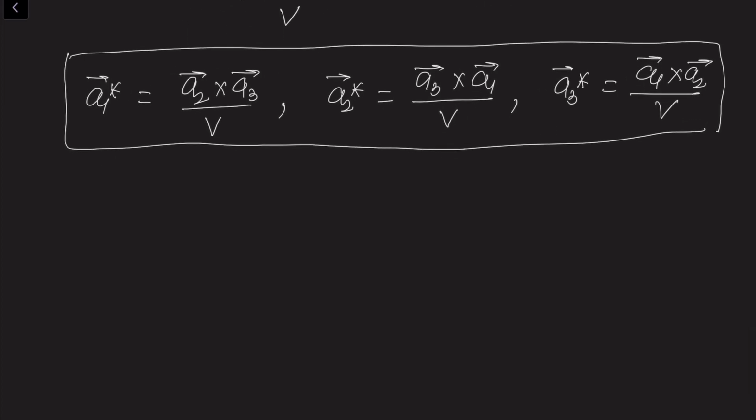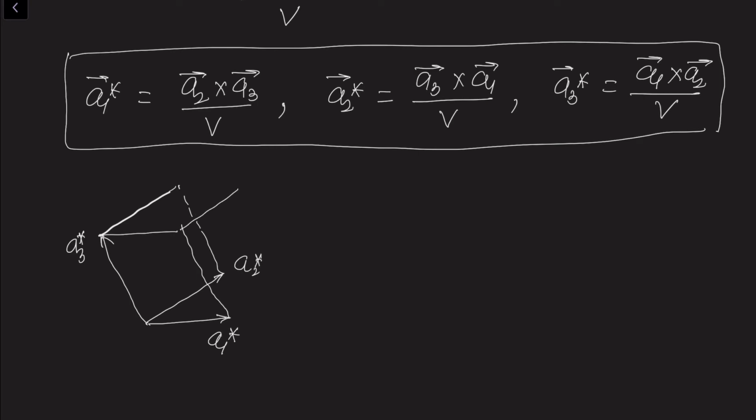So if I find these three vectors, let us say A1 star, A2 star and A3 star, then in exactly the same way I can construct my unit cell based on these three vectors, A1 star, A2 star, A3 star.